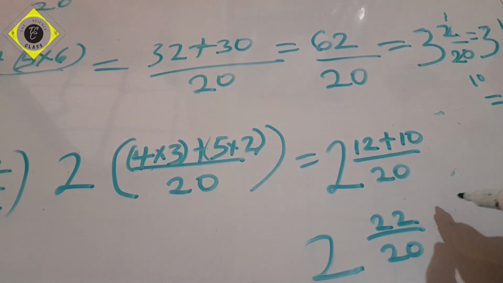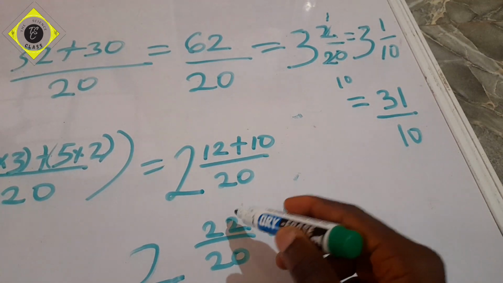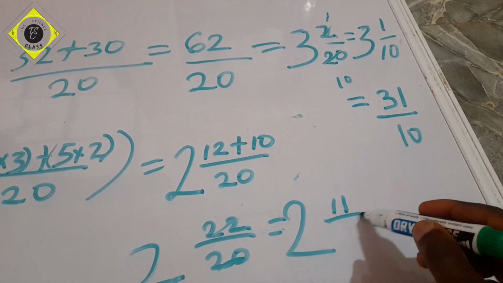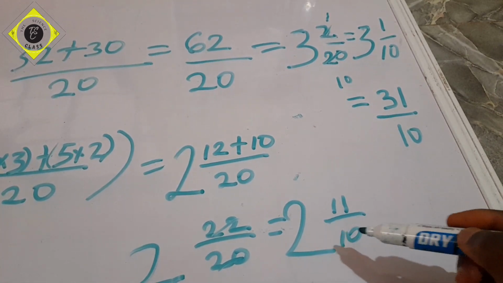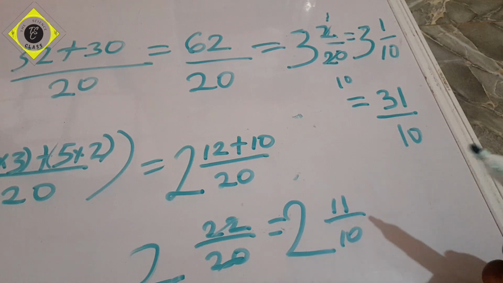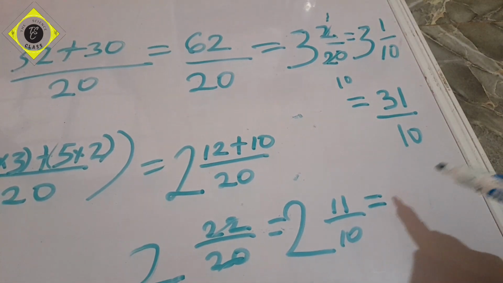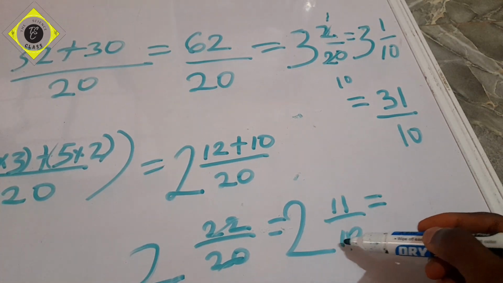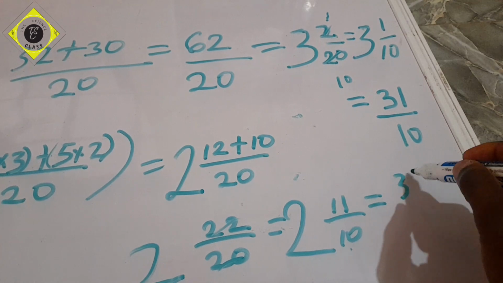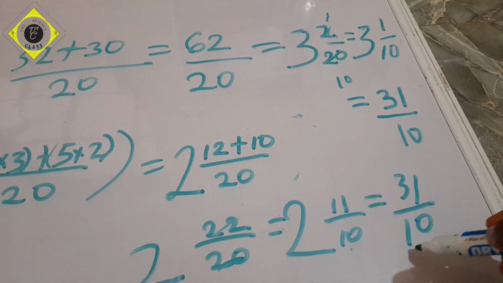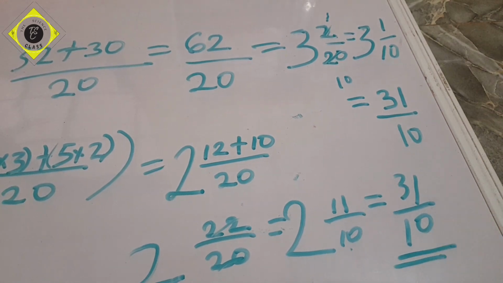I can break this down further into 2 whole number. 2 can go in 22 11 times, 2 can go in 20 10 times. So it's going to give us 2 whole number 11 over 10. You can still convert it to an improper fraction by saying 10 times 2 gives us 20, then 20 plus 11 is going to give us 31 over 10. All right.